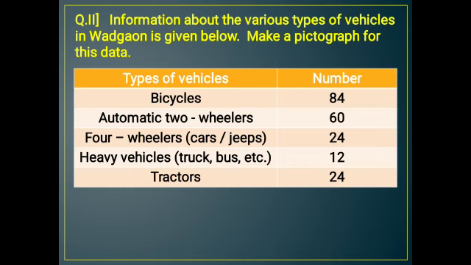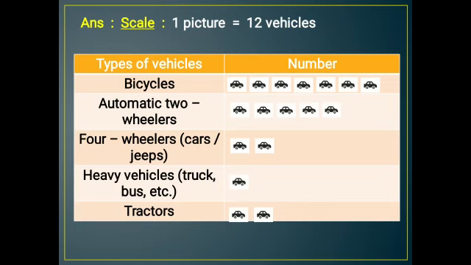And there is one more trick to know which table the numbers go in. We will look at the smallest number of the table. So which is the smallest number? That is 12. Next, one picture is equal to 12 vehicles.